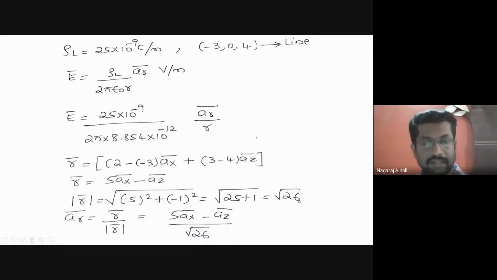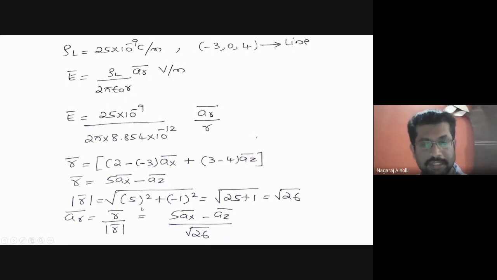Now we'll write the unit vector ar bar, because the formula is here itself. It is r bar divided by the r magnitude we have calculated already, root 26. That is, the distance vector divided by its magnitude.